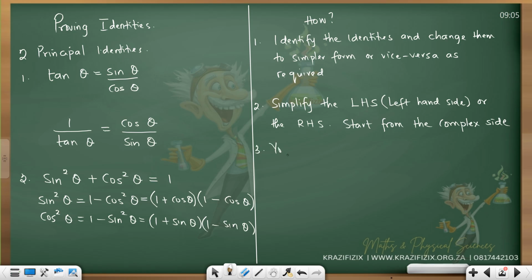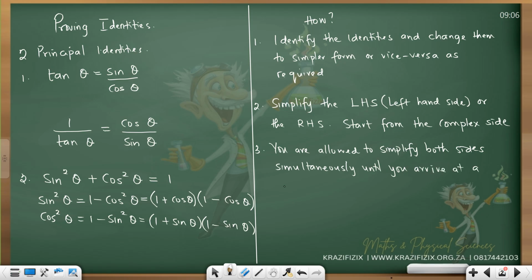Number 3, you are allowed to simplify both sides simultaneously until you arrive at a common simplified state.